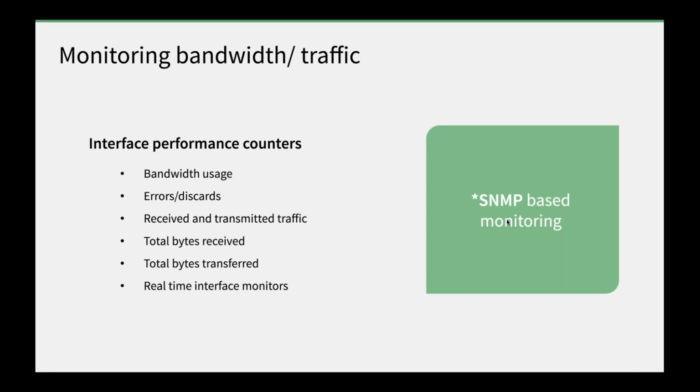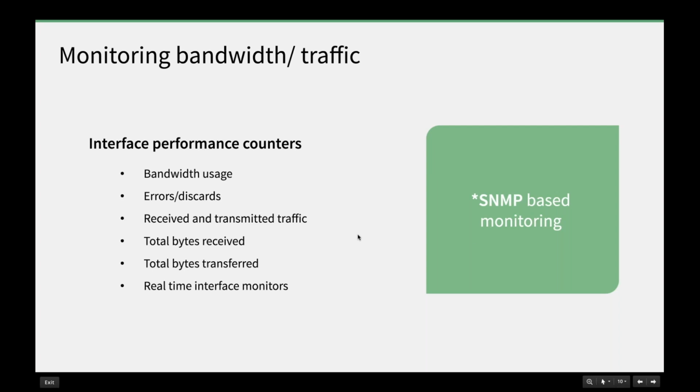It's also available as an add-on to the OpManager product, or it is also available as a standalone product. So you get more information about the conversation to know where the traffic is coming from, where the traffic is going to, and which user is utilizing maximum of your traffic, which application is consuming your bandwidth, and so on.